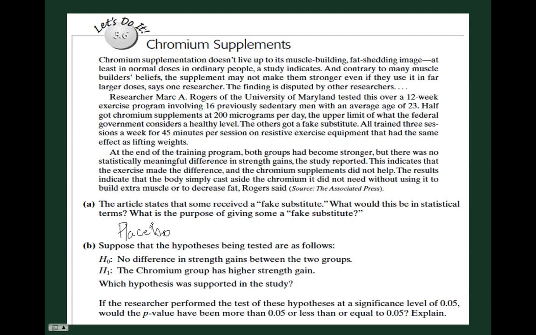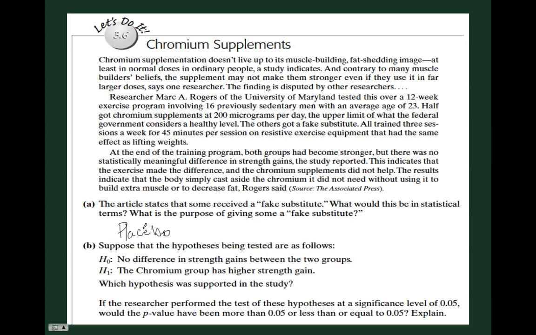Suppose that the hypotheses being tested are as follows. The null: no difference in strength gains between the two groups. Then the alternate would be that the chromium group has higher strength gain. Which hypothesis was supported by the study? So to answer that question, what I need to do is to go back and figure out whether or not the data was significant.